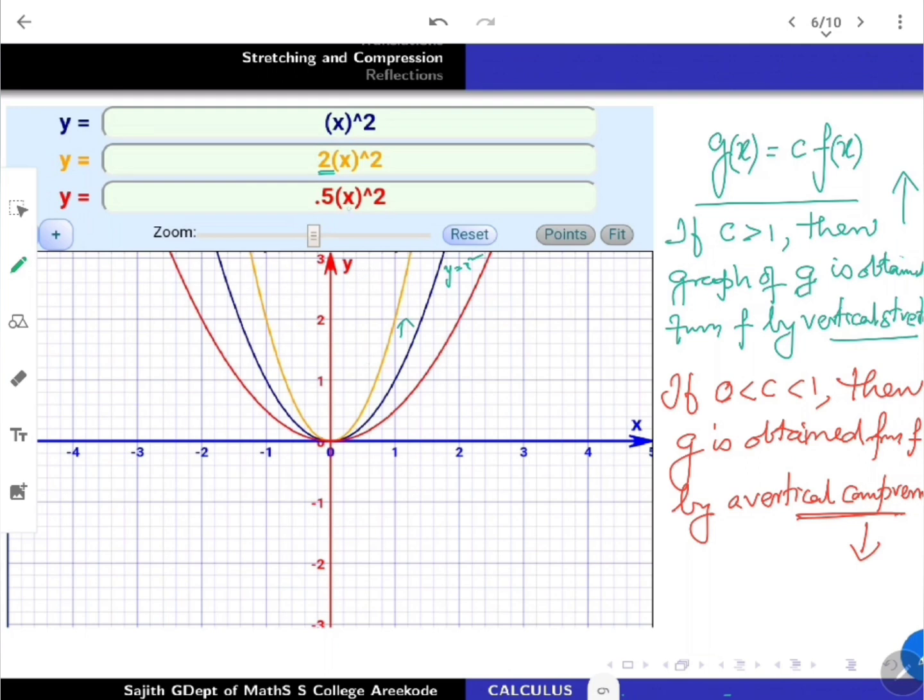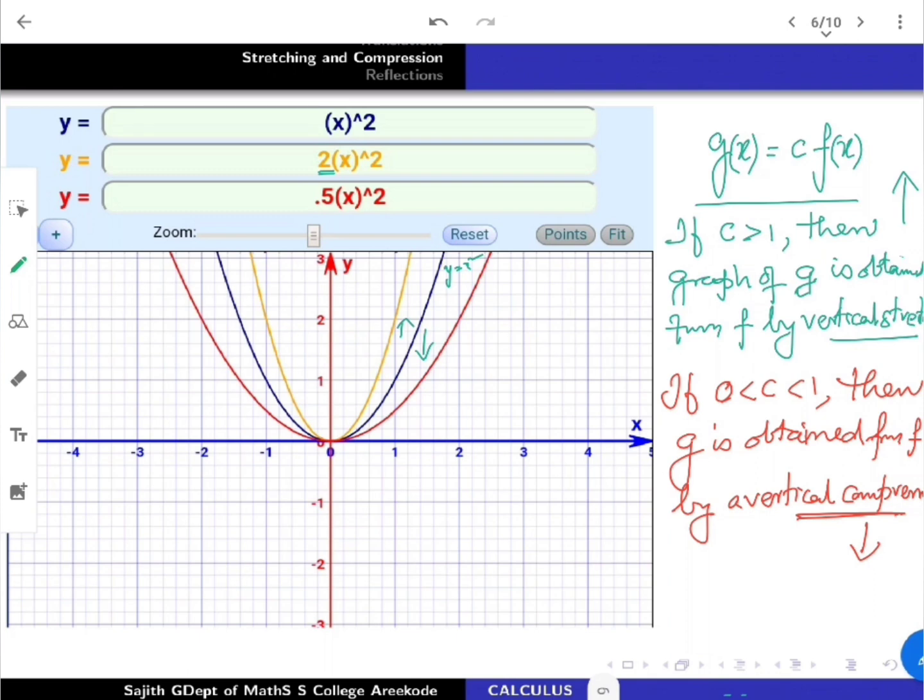Now on the other hand, if you look at c equals 0.5, that is 1 by 2 for example, that is g of x equals half x square, then you'll get the graph shown by the red line, which means it is actually shrunk or compressed vertically.